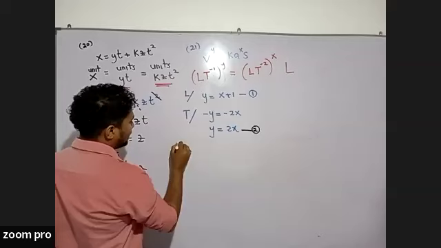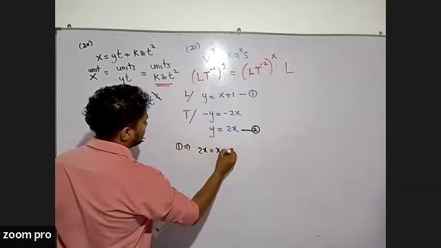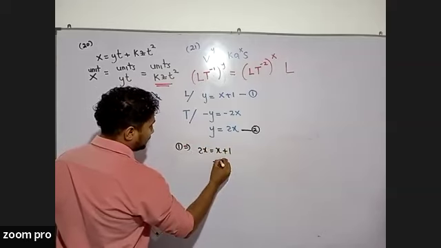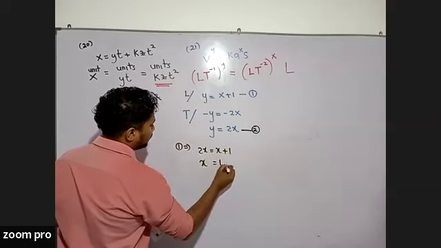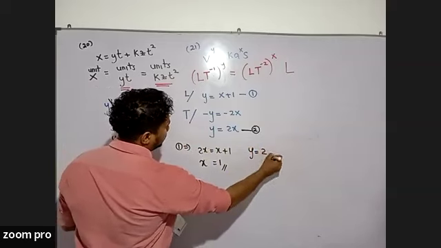Then it should be considered as 2x equal x plus y plus 1. That means x should be equal to 1. Hence, y should be equal to 2. Right?